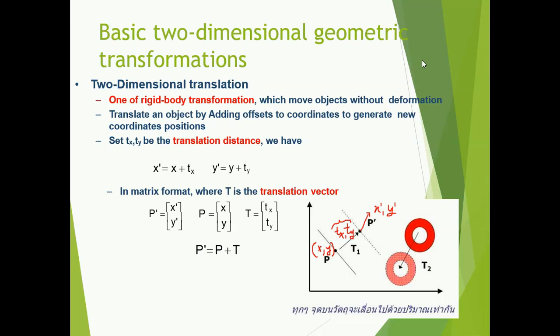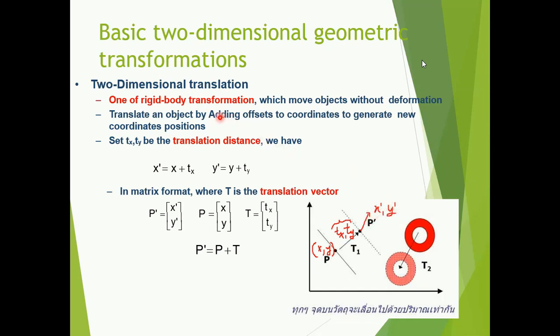You had the initial position point P, represented as x comma y, and you just move this point to another position P dash, and this P dash point is represented with coordinates x dash comma y dash.